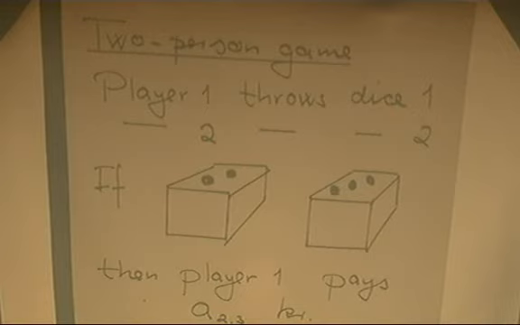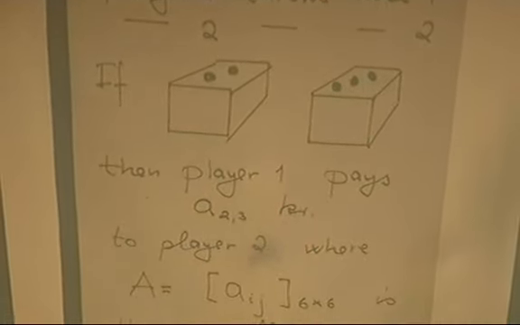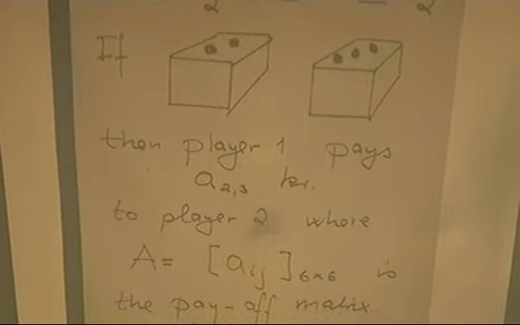They both throw this, and suppose dice number 1 shows 2 and dice number 2 shows 3. Then player 1 has to pay some money to player 2. And that's given by a matrix. I mean, 2, 3, there is a number, A2,3, telling us how much player 1 has to pay to player 2.